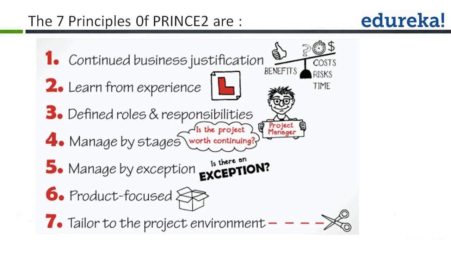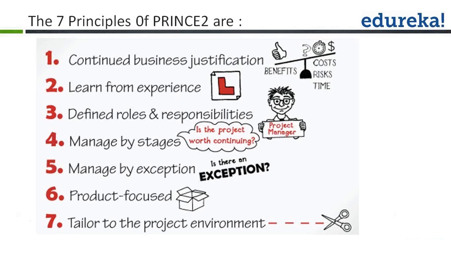PRINCE2 maps roles to a set of responsibilities, and each role may be fulfilled by one person or more than one. Also, an individual might fulfill more than one role. The roles and responsibilities can be tailored as per the complexity of the project. The project management team is defined much earlier during the project management life cycle. However, it is refined if required.